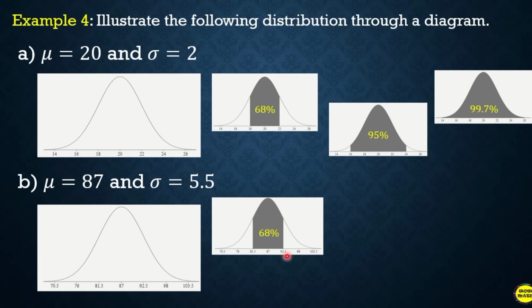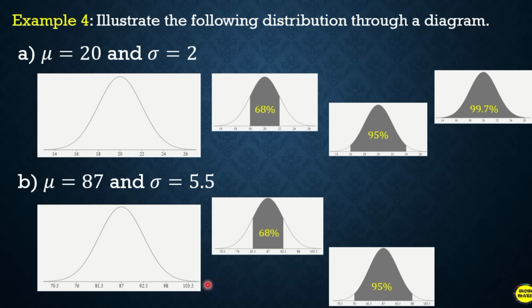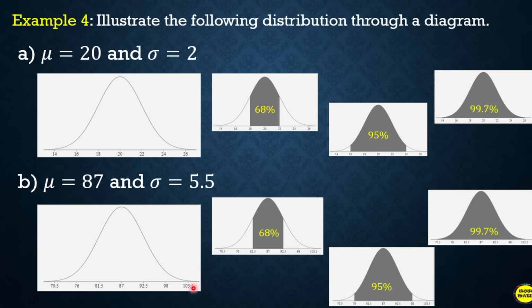And then yung 95% natin, magsisimula naman kay 76 to 98. And then ganun din kay 99.7, magsisimula kay 70.5 to 103.5. Okay? So yan lamang po.